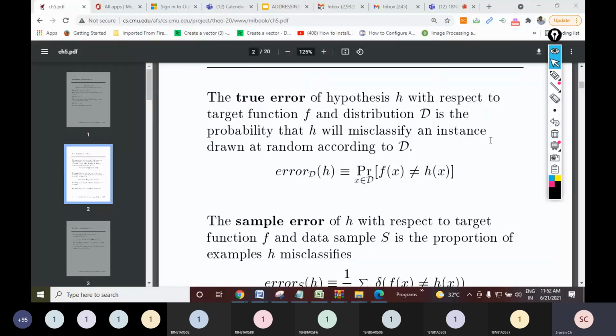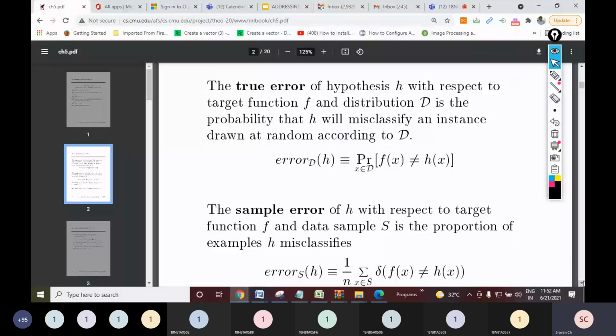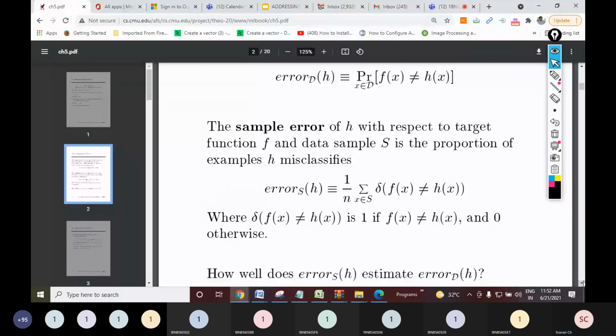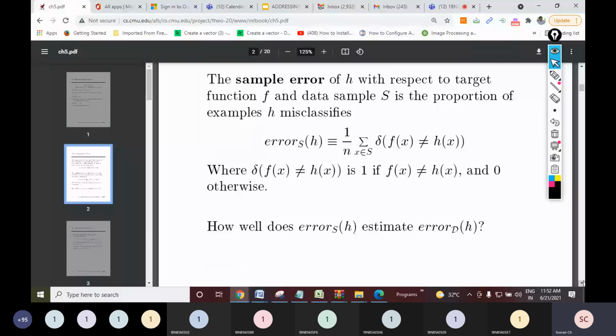Now there is another word called sample error. The sample error of the hypothesis with respect to the target function and data sample, as the name says, deals with sample data. Here, it is not the probability, rather it is the proportion of examples that H misclassifies. H is nothing but our hypothesis.